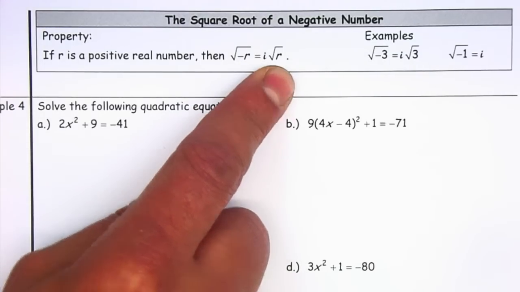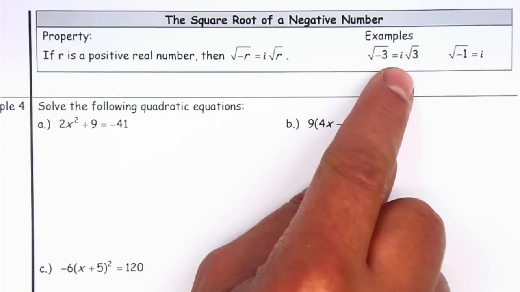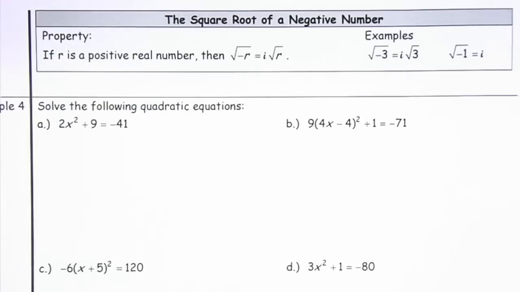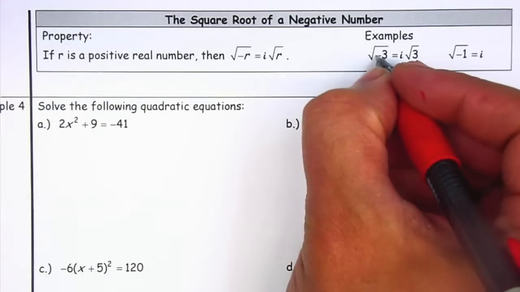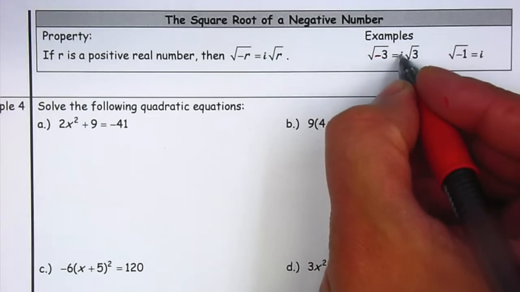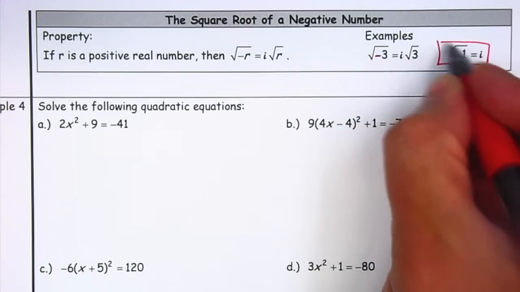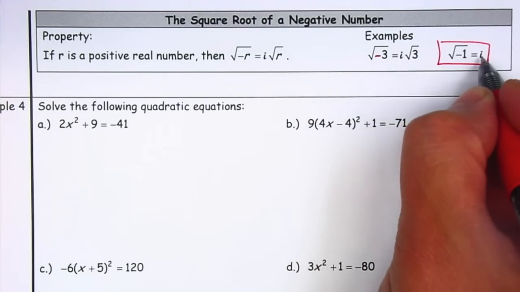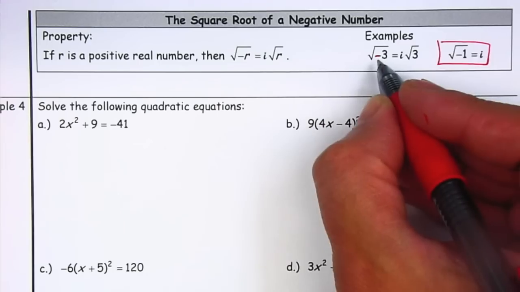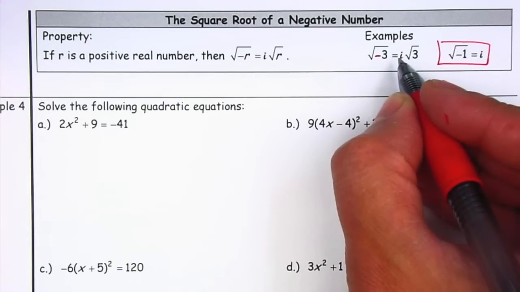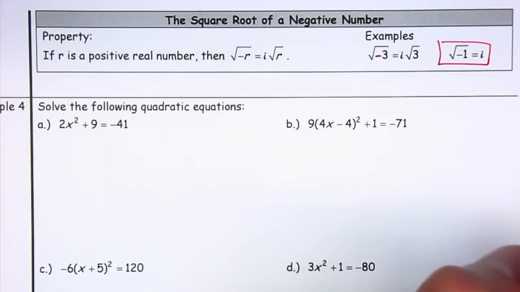For example, the square root of negative 3 is going to be i times the square root of 3. Basically, the square root of negative 1 is going to be i. Every time you have a negative value inside the square root, that's going to come out as an imaginary number, and the square root of 3.